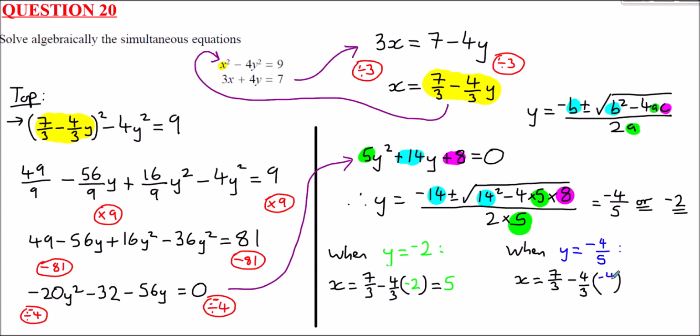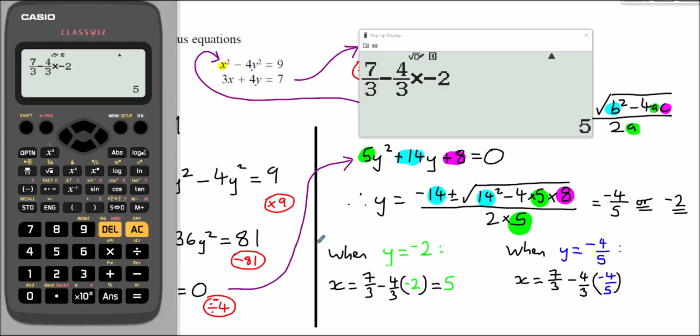Just plugging in y as per this expression here. So in the same way as before, just with a different value for y now. So I can just change here this minus 2 to a minus 4/5. Whoops, not like that I can't. So times by minus 4/5.